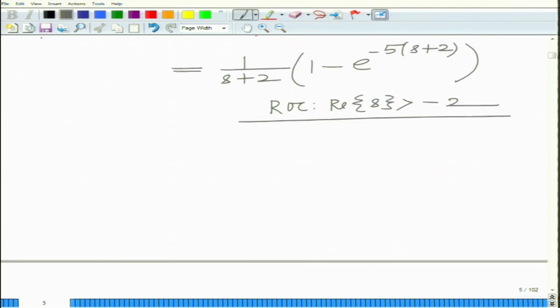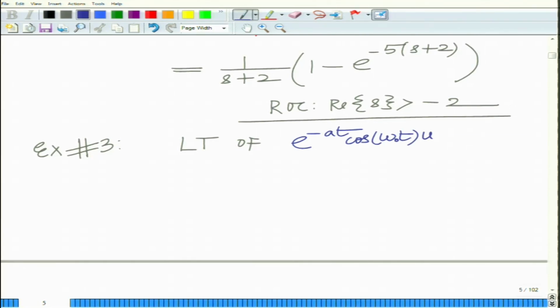Okay. Now, let us do another example. We want to evaluate the Laplace transform of the following function, that is the Laplace transform of e raised to minus a t cosine omega naught t u(t).